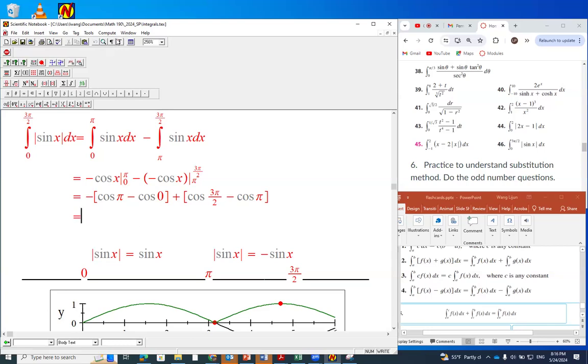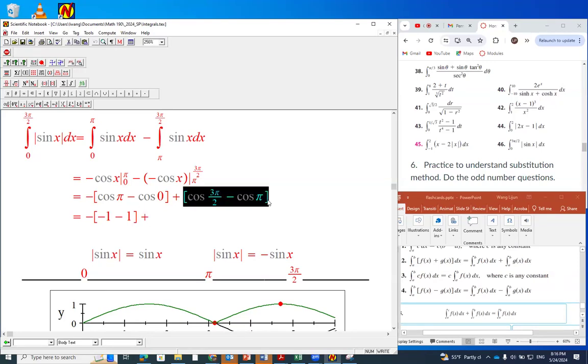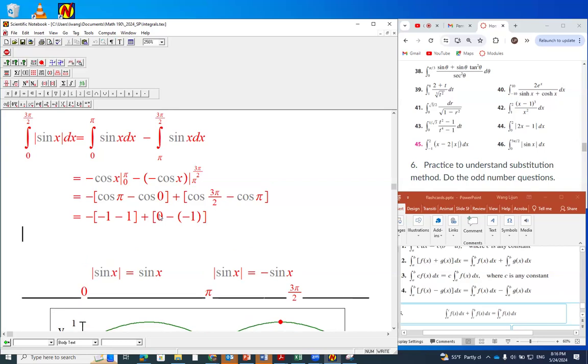we're going to wrap this up. Inside the bracket, cosine pi is negative 1 and cosine 0 is 1. Plus this piece: cosine 3 pi over 2 is 0, minus cosine pi is negative 1, so it's plus 1. We need to be careful, too many negative signs.